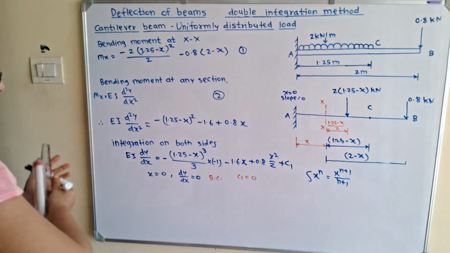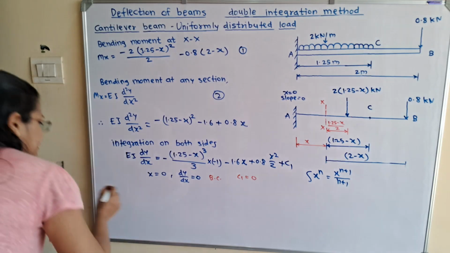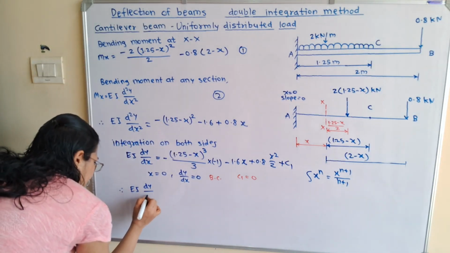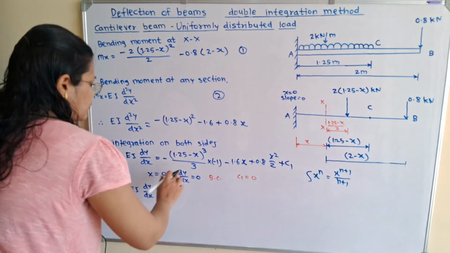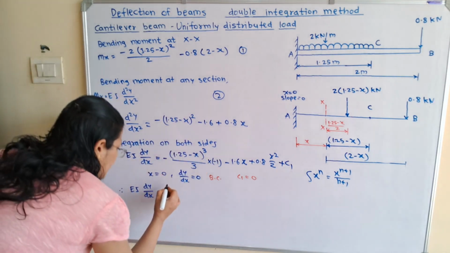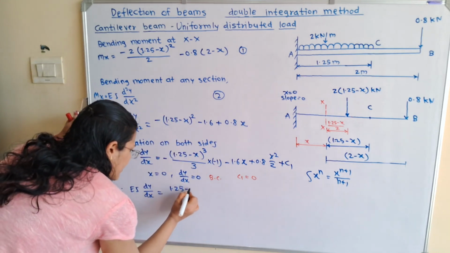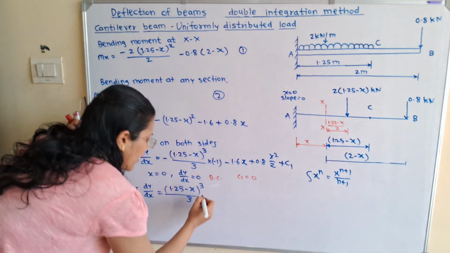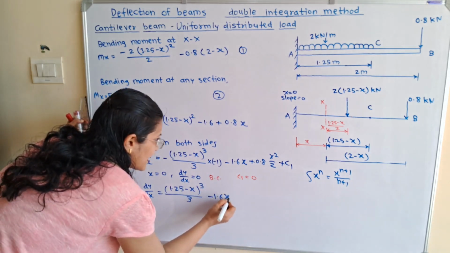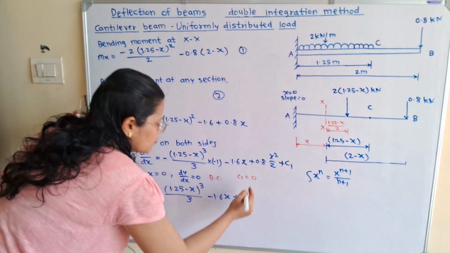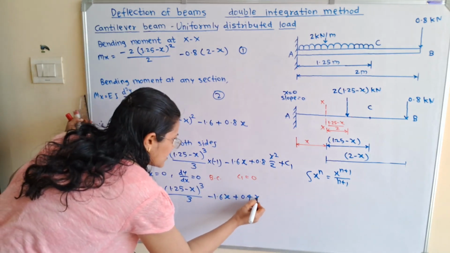So what is the final slope equation? I will write here, therefore EI dy by dx is equal to, so we have to simplify this, minus minus will become plus, 1.25 minus x bracket cube by 3 minus 1.6x plus 0.8 by 2, that is 0.4 x square.